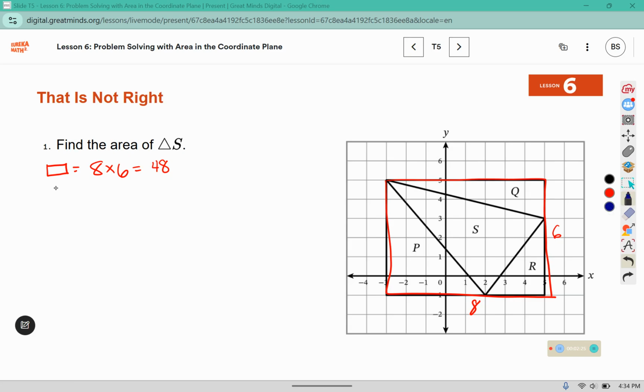Then we're going to work on the area of triangle Q, which the base is 8, the height is 2. And for triangles, remember, we divide it by 2 because it's half of a rectangle.